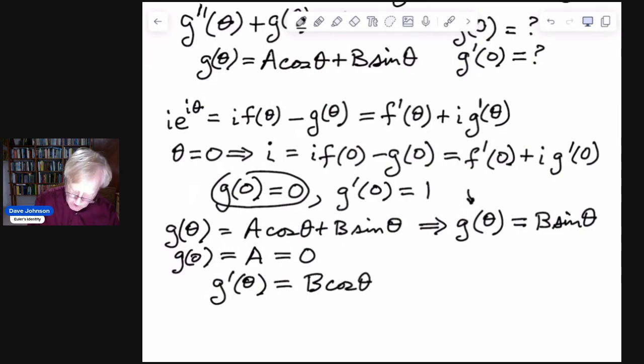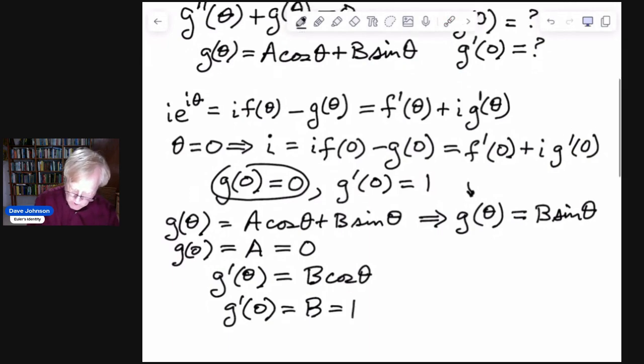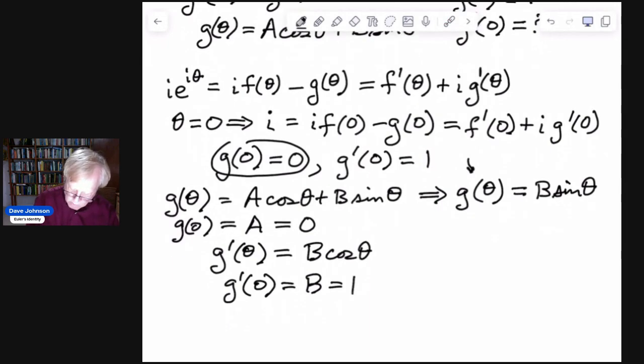But we already know what g prime of 0 is. So let's plug that in. So g prime of 0 is equal to cosine of 0 is 1, so it's equal to b, but b is equal to 1. Okay. So b is equal to 1. Therefore, come back up here, g of theta is equal to sine theta.